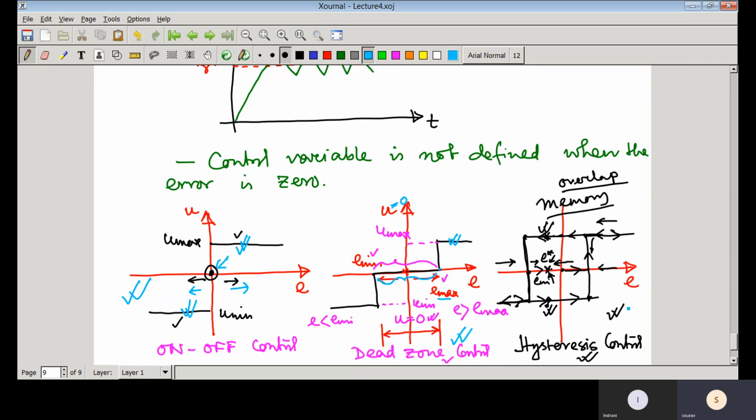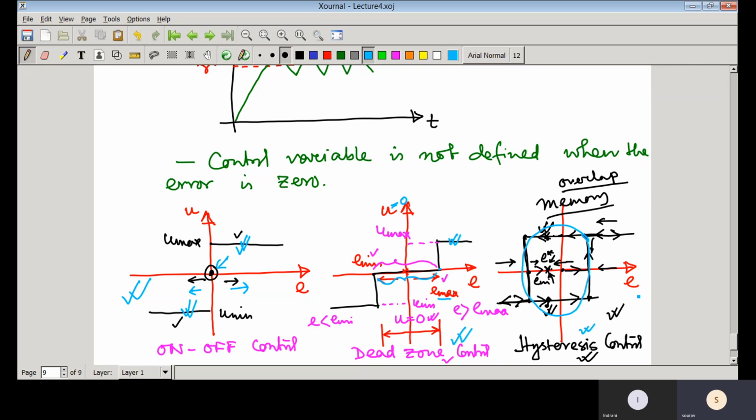And in case of hysteresis, we just allow this overlapping zone, and it follows these arrow lines. This particular control strategy is very effective, and in many practical applications we use these simple control strategies.